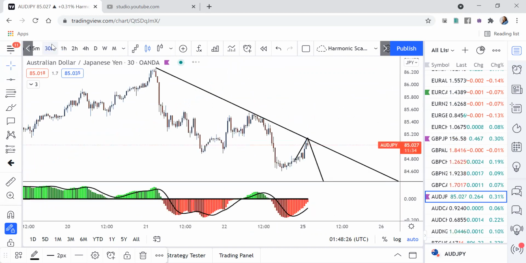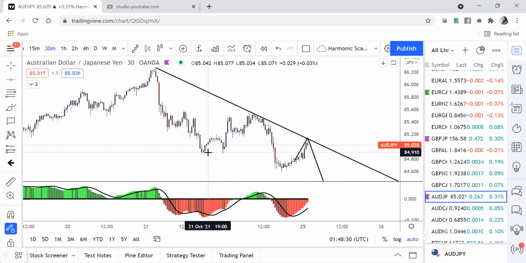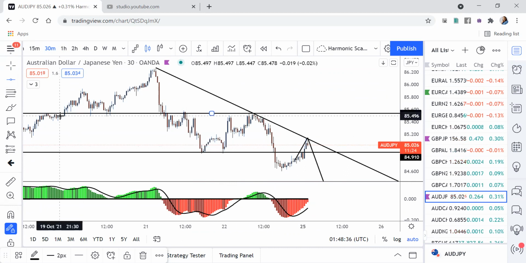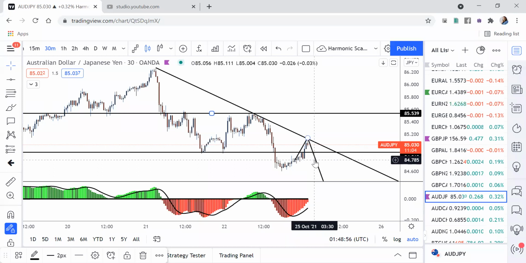If I drop to the 30-minute time frame, you can see that this is a 30-minute low, and this is a 30-minute high. So I'm looking for price to continue down, to be honest. I'm going to watch to see how it respects this trend line, and I'm looking for price to continue to the downside.